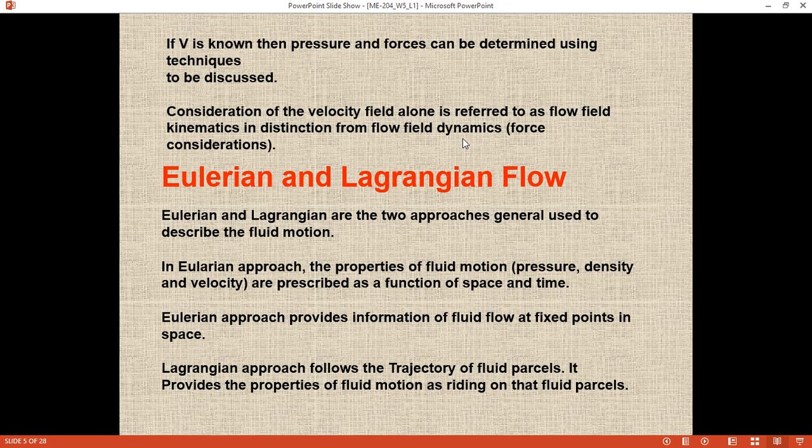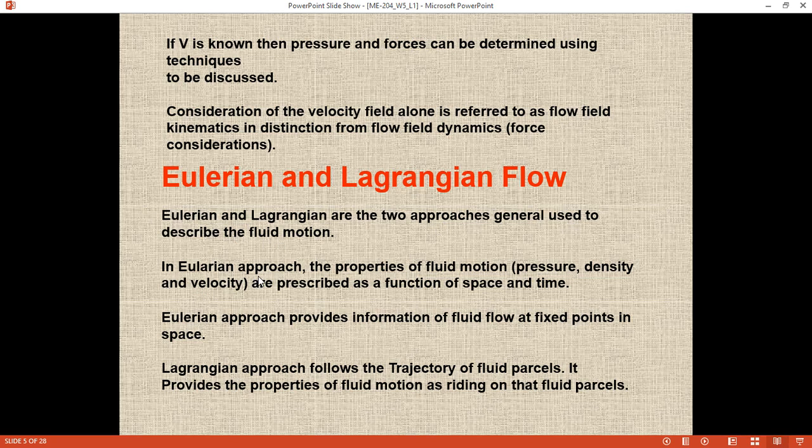Now we are going to discuss the two different approaches for fluid flow, the Eulerian and Lagrangian approaches. What are they, how are they different from each other, and when are they useful to apply? Eulerian and Lagrangian are the two approaches generally used to describe fluid motion.